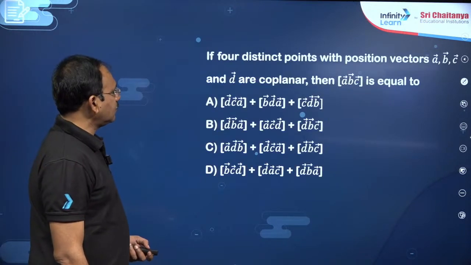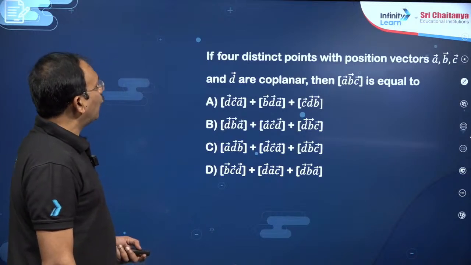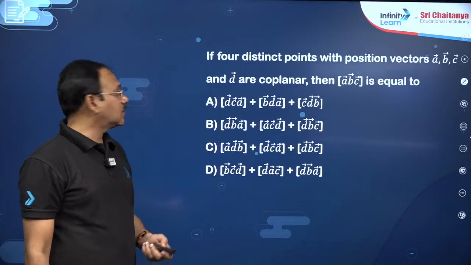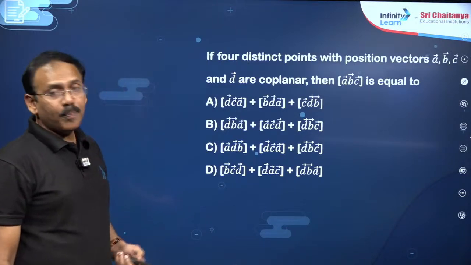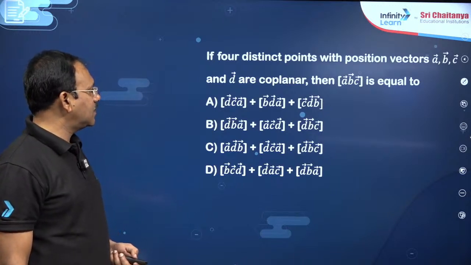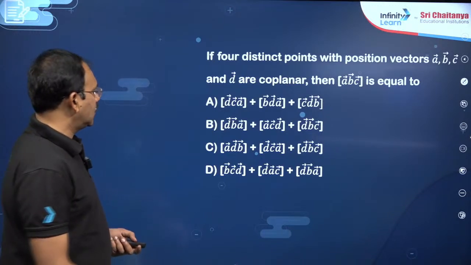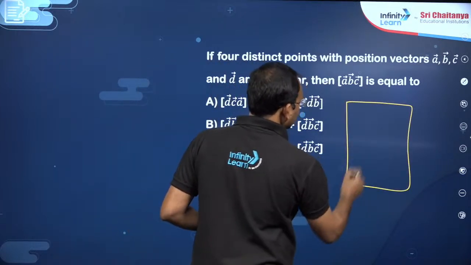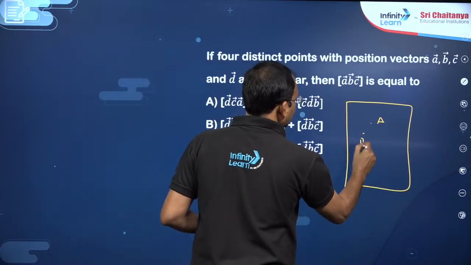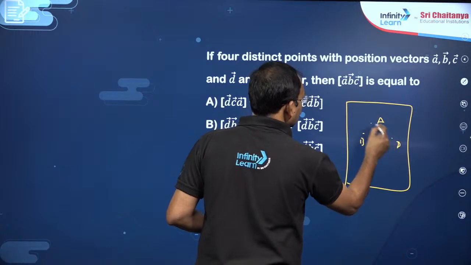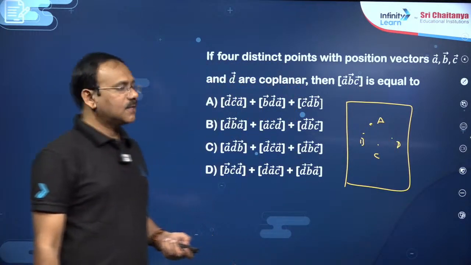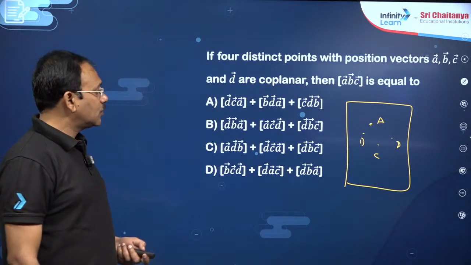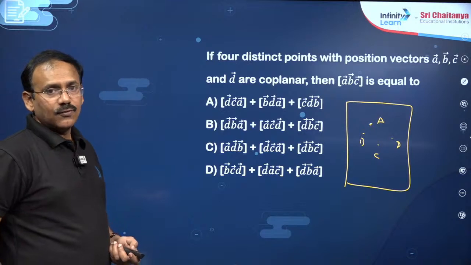Next, dear student, this question you see: 4 distinct points with position vectors A, B, C, D are coplanar, then box ABC is equal to, you see, my dear friends, if 4 points A, B, C, D are coplanar, you can convert them into 3 vectors.